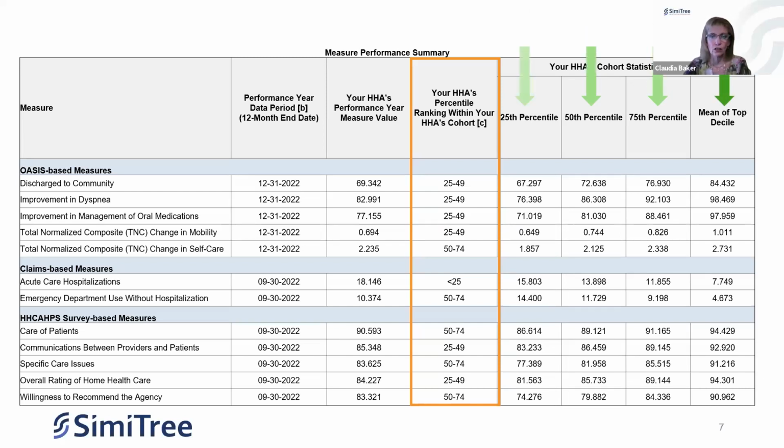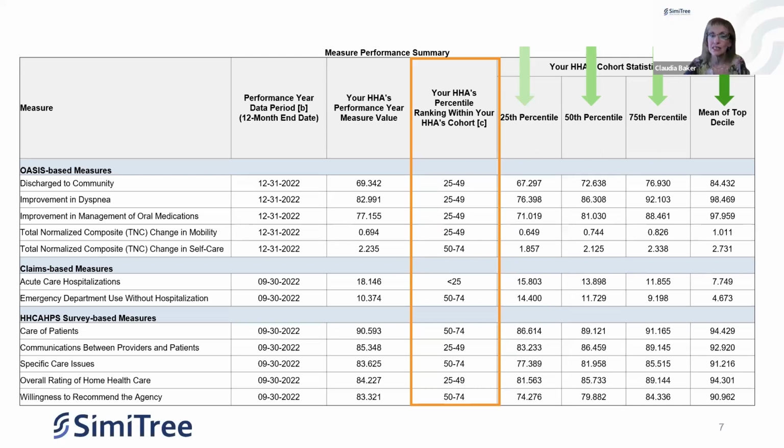So we are looking at then the measures. You're going to look at your agency's measures, which is the second column, against where you land in either the 25th percentile, meaning you're in the lowest quarter of the measure, the 50th percentile, meaning you have hit at least that achievement of being at or better than half of the group that's in your cohort, and the 75th percentile, meaning that you're better than at least halfway there, but not quite into that top 10%.